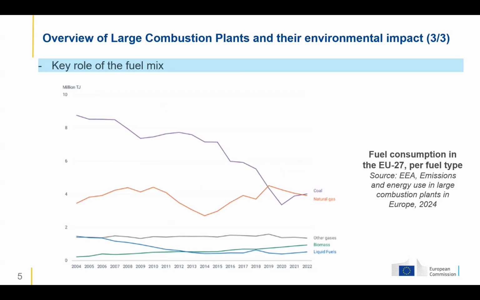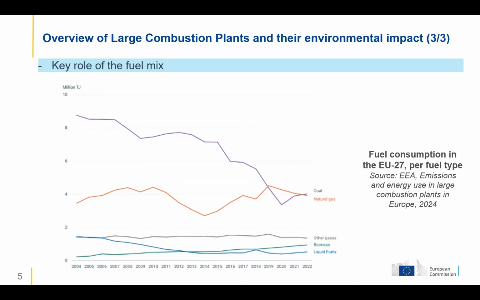But what is interesting is that from the year 2020 up to 2022, there is a small increase in its use, with the result that coal use in electricity production was, for the first time after 2019, higher than the share of natural gas.